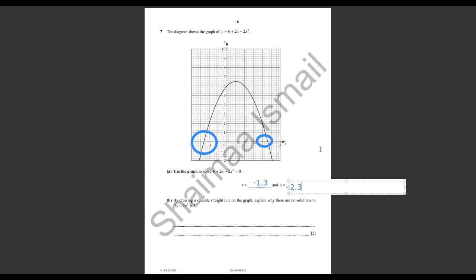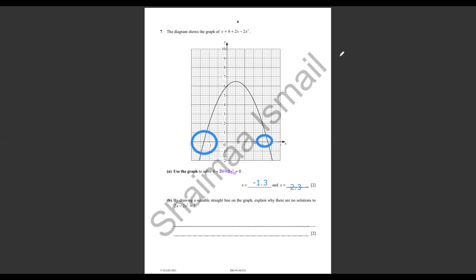Done. By drawing a suitable straight line on the graph, explain why there is no solution to 2x minus 2x squared equals 3.